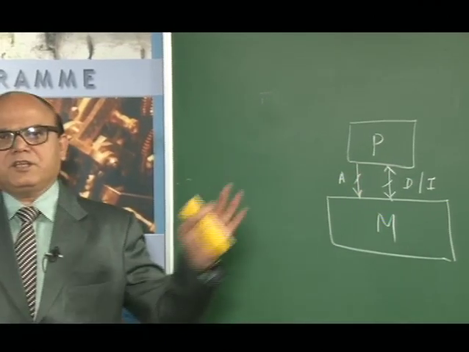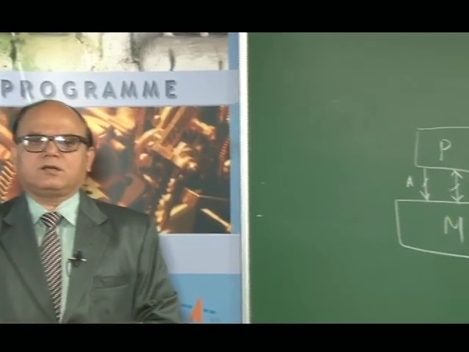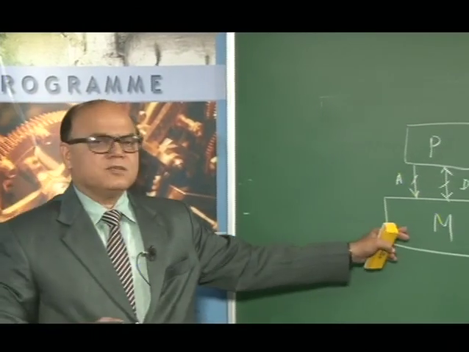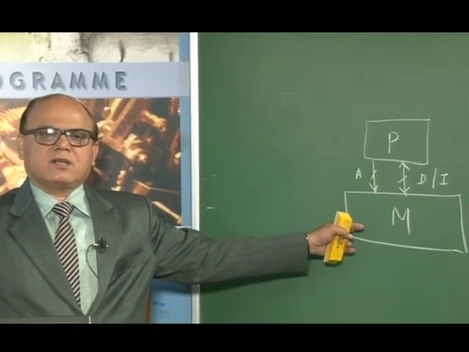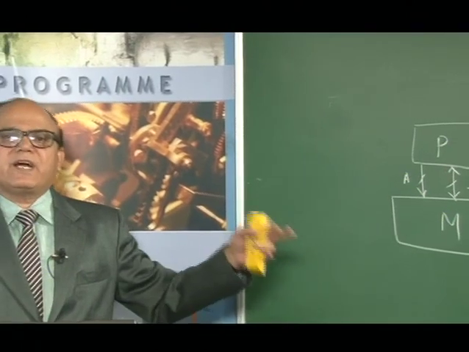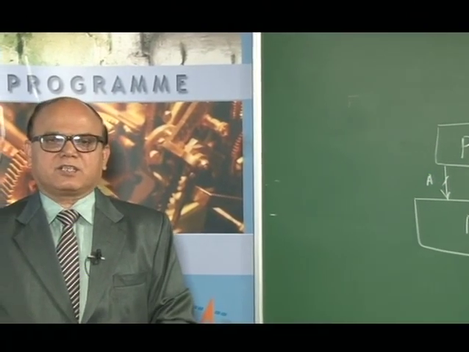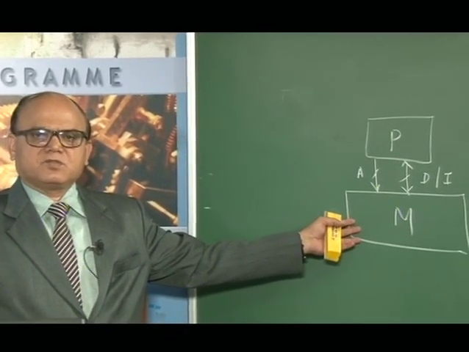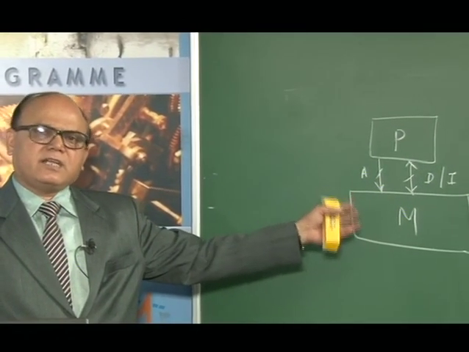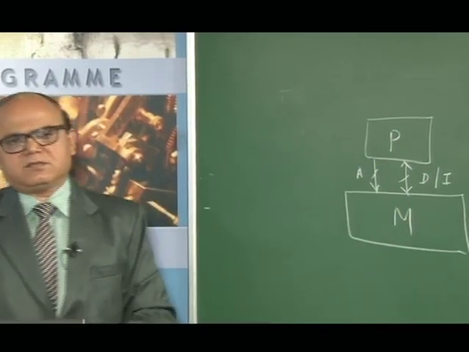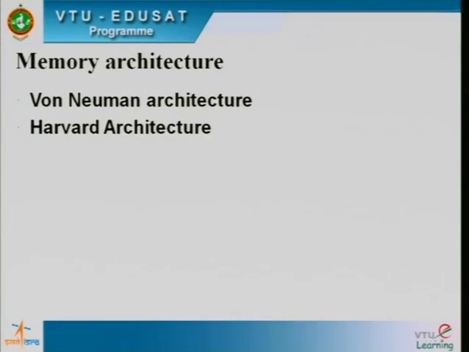That means in this model the data and instruction reside in a common memory, a single memory or monolithic memory, sometimes called unified memory or unified cache, wherein both instruction and data reside together. So the data and instruction are fed from it. This is the first memory architecture, called the von Neumann architecture.